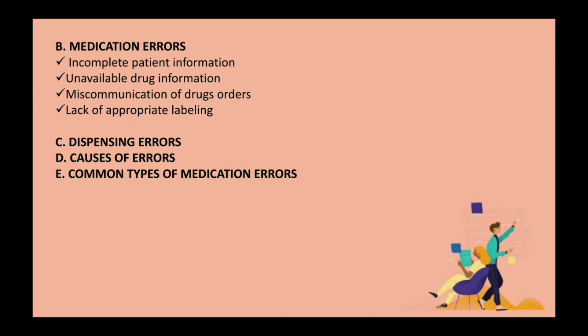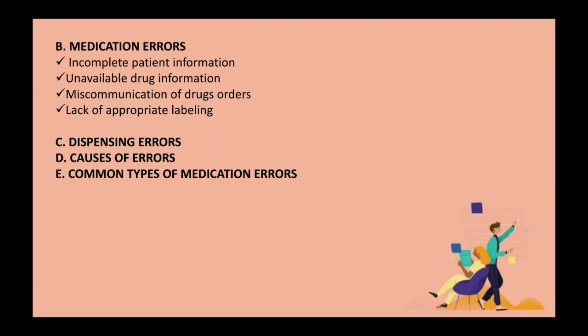The next is the causes of errors. So many causes of errors are there. Too many telephone calls also disturb. This also comes during the prescription error. Then overload, then too many customers are there. Then lack of concentration. Then no one is available to double check.